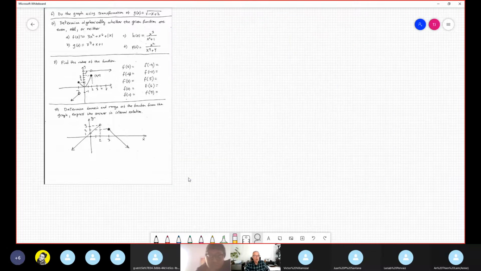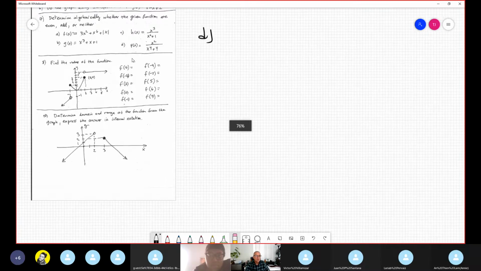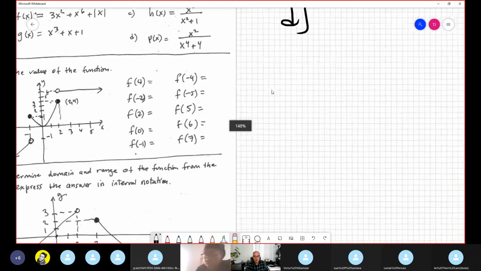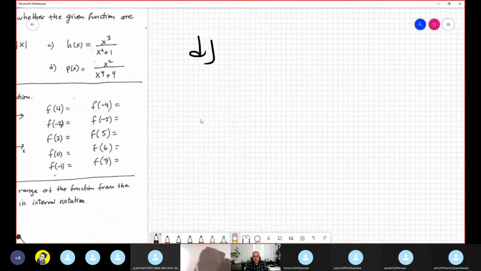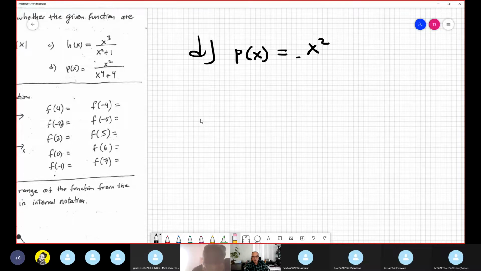Okay, let's do number D. Is the last one. What is the letter that we are using to call the function? P of x. The P of x is equal x squared over x to the 4th power plus 4.